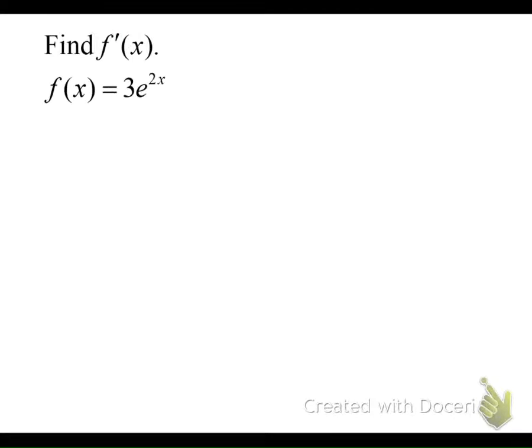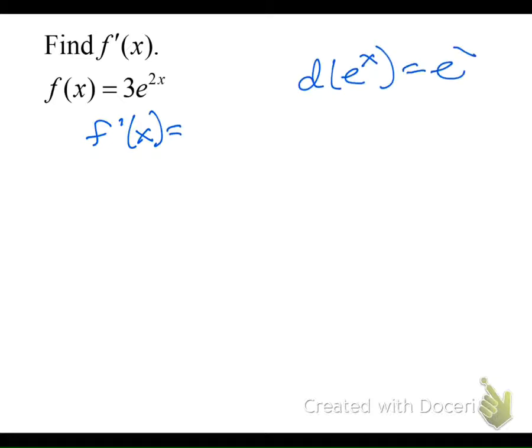So this is one you already know, so quickly do this one in your head. All right, derivative of e. The derivative of e is e. The derivative of e to the x is e to the x. But if it's more than just an x, then the derivative of e to the u is e to the u times the derivative of u.